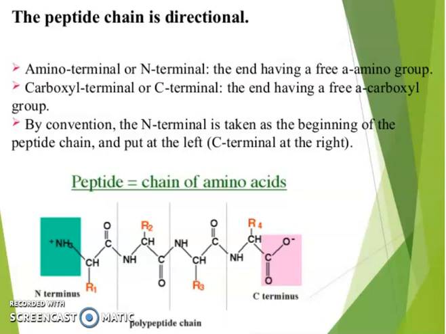So the peptide chain is directional. The amino terminal or N-terminal is the end having a free amino group. The carboxyl terminal or C-terminal is the end having a free carboxyl group. You can see in this picture the N-terminal and C-terminal. By convention, the N-terminal is taken as the beginning of the peptide chain and put to the left, and the C-terminal at the right.